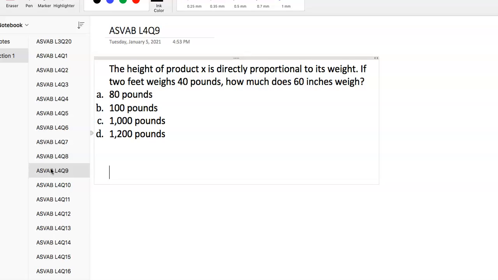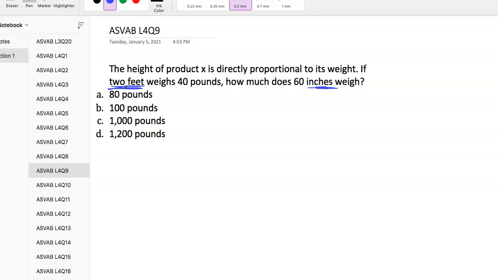Okay, so this is just setting up an equation. It says 2 feet weigh 40 pounds, how much does 60 inches weigh? Because they asked this question about inches, and it says it's proportional, we need to make 2 feet into inches.